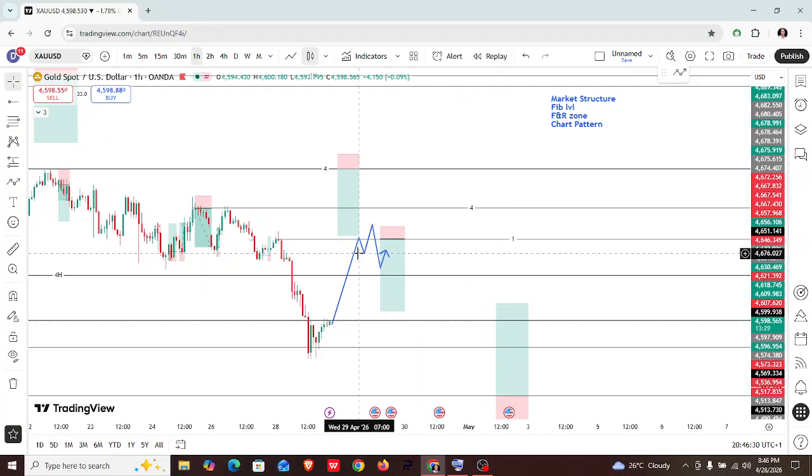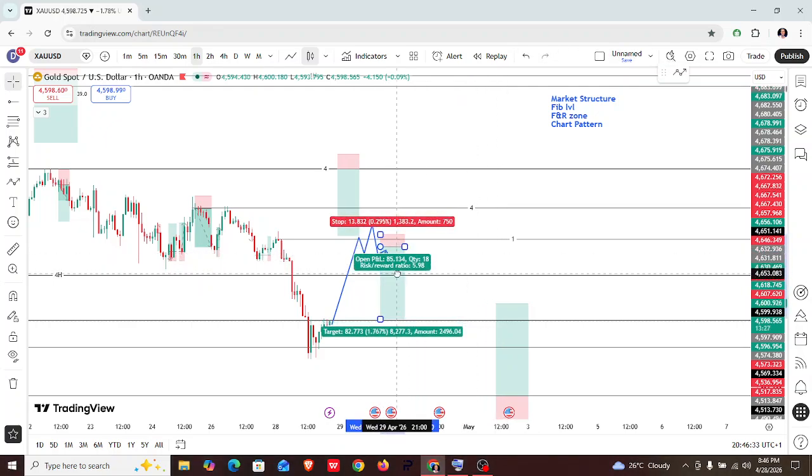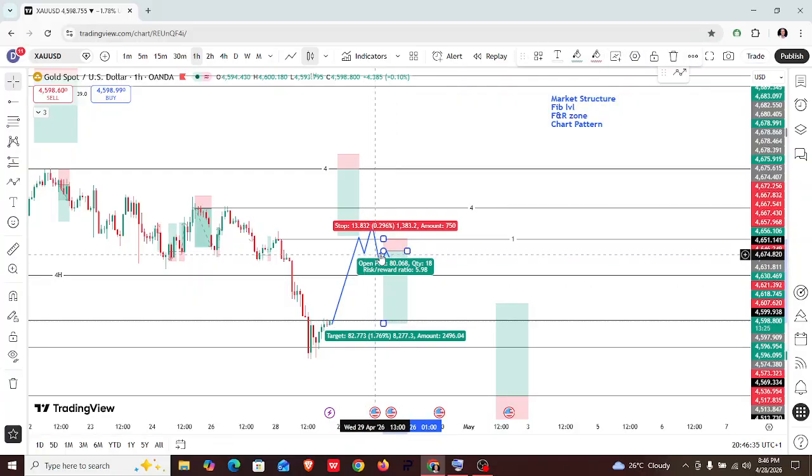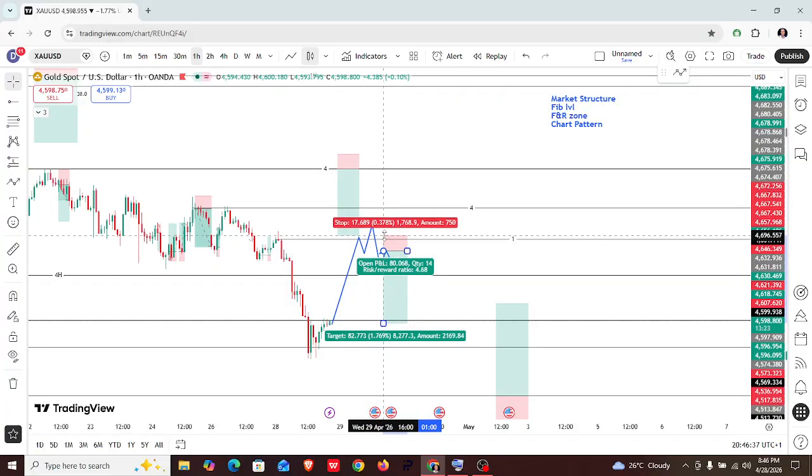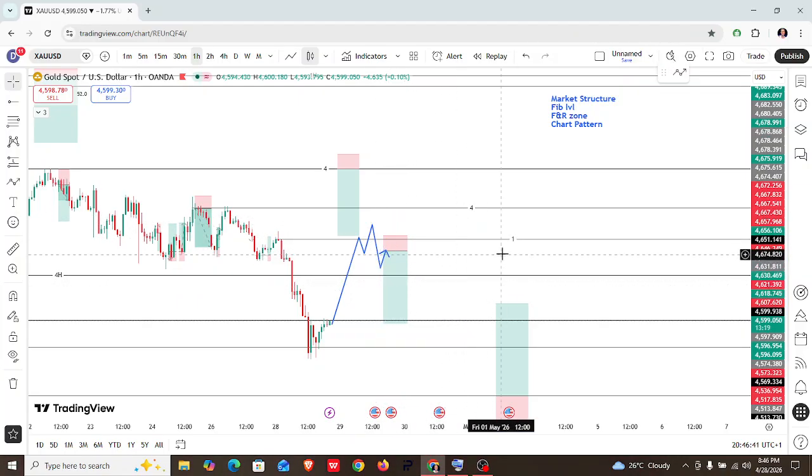So I would like to enter this market here. When it breaks the structure and returns, I have to enter it. My stop loss will be above there. So that's actually my strategy on how I'm going to enter this market if it gets to this zone.